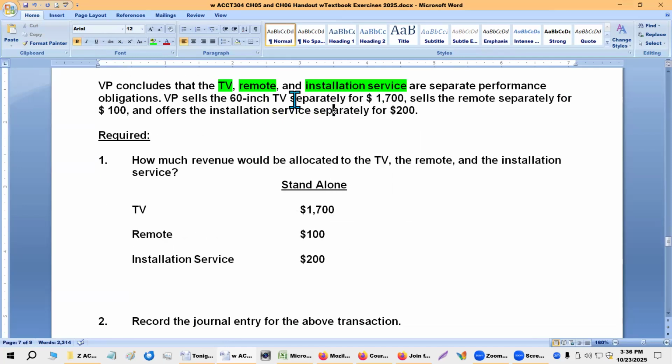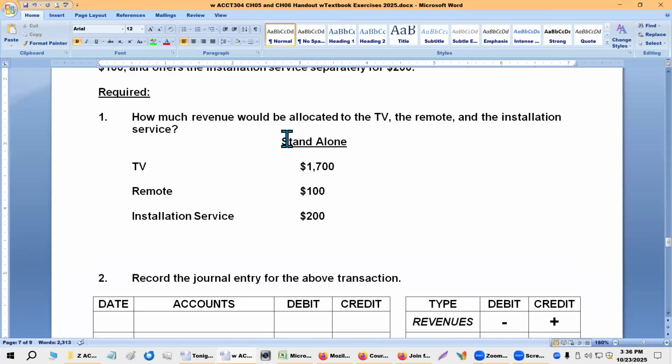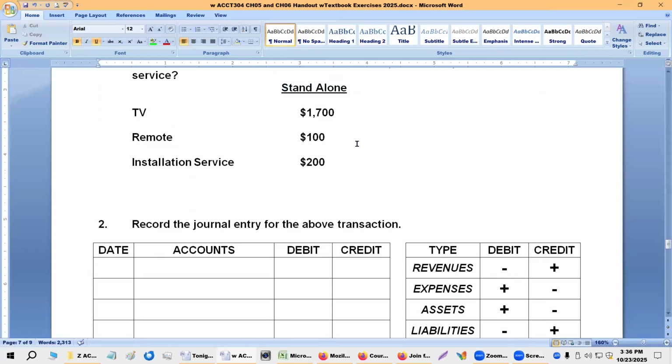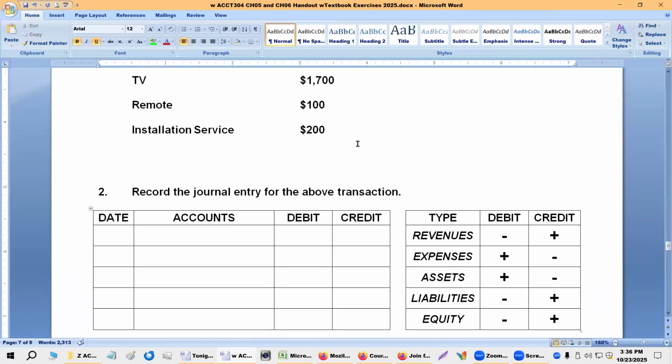Okay, so the TV separately sells for 1,700, the remote for another 100, and the installation service for 200. Okay, so these are what they call the standalone prices for each of them. So the question is, how much revenue do we give to each one of those?